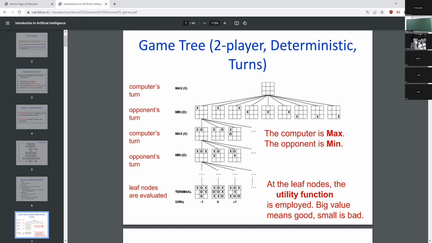Whereas the adversary, which is your opponent, would always try to minimize the utility function of the terminal state. So this is where the conflict comes. The purpose of the AI agent is maximizing the utility function, taking the game to a board position where the utility value is +1, whereas your opponent is trying to do the opposite, taking the game to a -1 state.